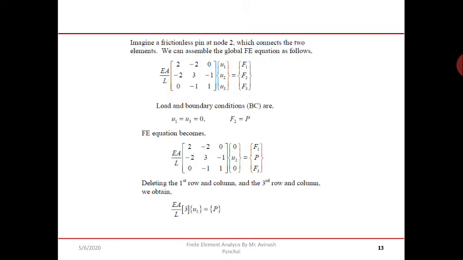Here we are imagining a frictionless pin at node number 2, so that we can assemble the global stiffness matrix, and then solve the simultaneous equations. K into U is equal to F, which is the equilibrium equation. First we have the global stiffness matrix which comes from the two element stiffness matrices.